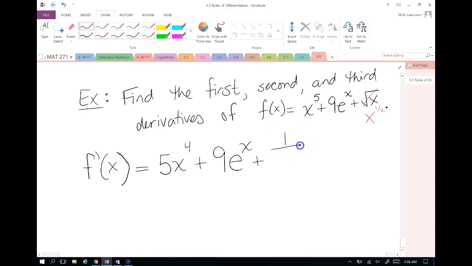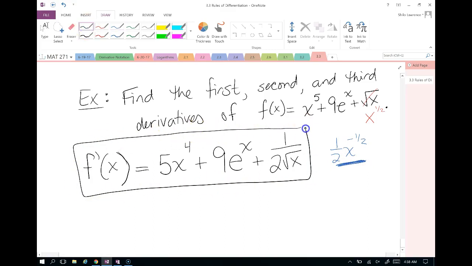And you're going to get 1 over 2 root x. Unsimplified, that would be 1/2 x to the negative 1/2. And we're going to want it in this form to continue on for our next derivative. But this is the simplified form of f prime of x. That's our first derivative.